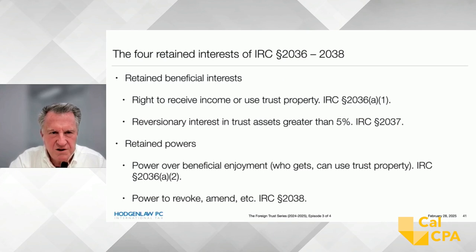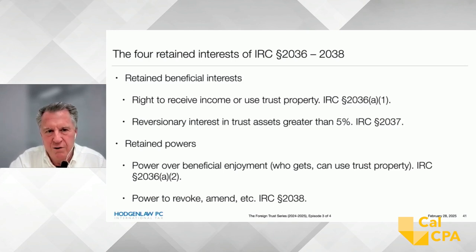And here's just a list of the 4 retained interests in Section 2036 through 2038. And there's no great magic about it. You retain the right to receive distributions of income or to use trust property. You retain the right to have a reversion of the capital of this trust greater than an actuarial computed interest of 5%.